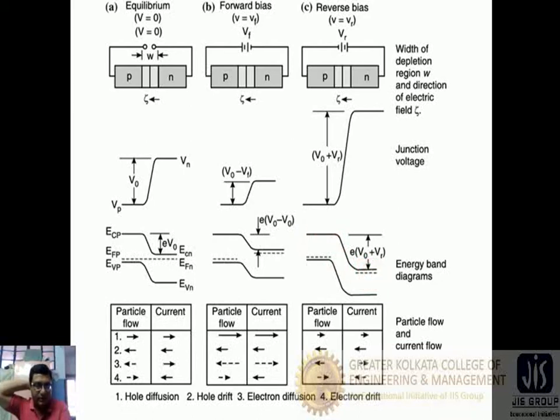So with the help of this picture, you can see the comparison between the three things: first, the zero biasing, that means when there is no bias, the forward bias, and the reverse bias. So this is a very important thing.